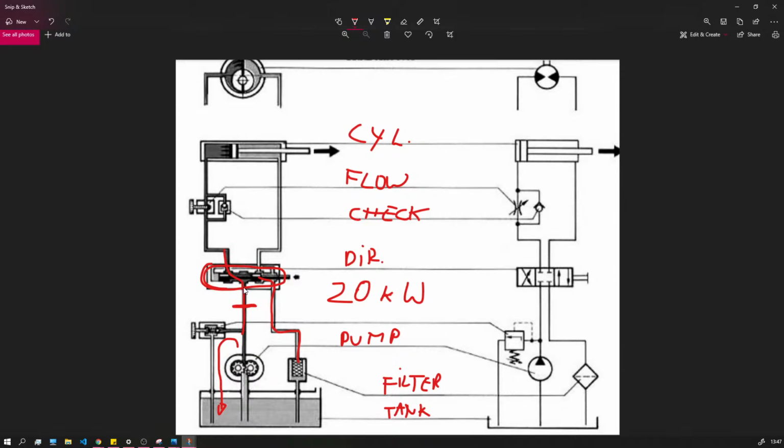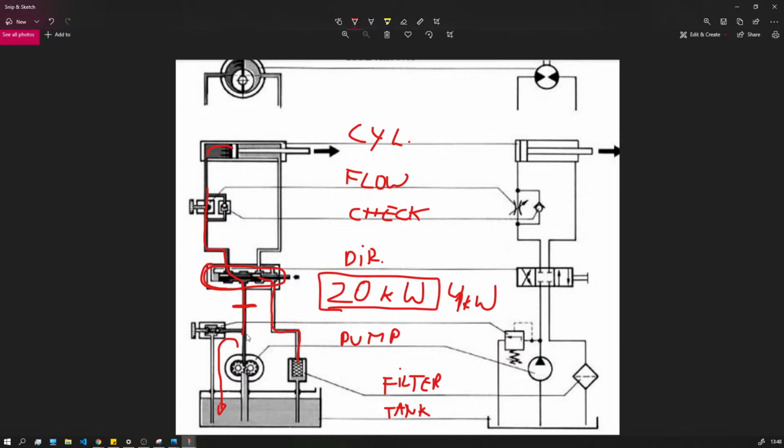That means the friction of flow through those valves generates heat, as friction always does. Friction going through the flow valves, friction going through the cylinder, all those frictions generate heat. And if we have a lot of power, even if those losses are a small percentage of the 20 kilowatt system, we basically should have 4 kilowatts of losses in the system. That means that's generating a lot of heat.